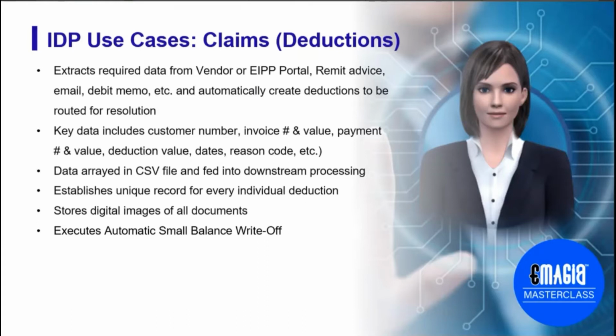So if a customer pays $950 on a $960 invoice and you're okay with it, you just write off the $10 and consider the invoice paid in full and closed. So that's an important role IDP plays in deductions. It's the first step and the important first step, and it's automated. Don't need a human being to do it.